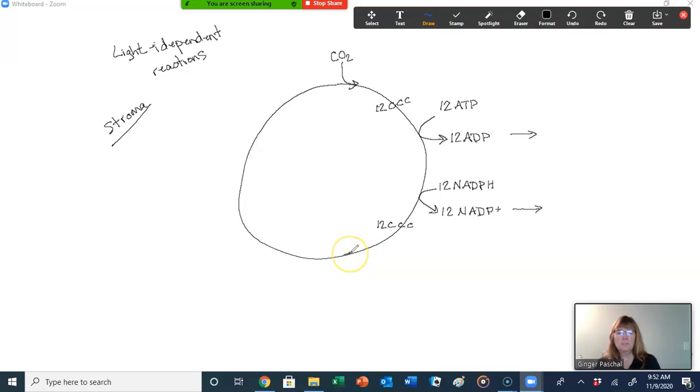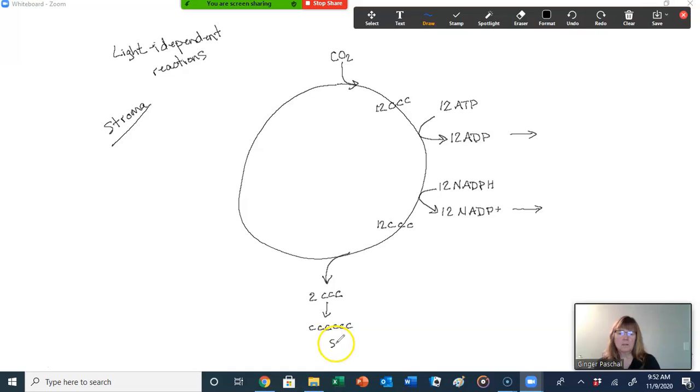And what happens is we now have molecules that have enough energy. We can remove 2 3-carbon molecules, and those 2 3-carbon molecules can then combine and become one 6-carbon molecule.